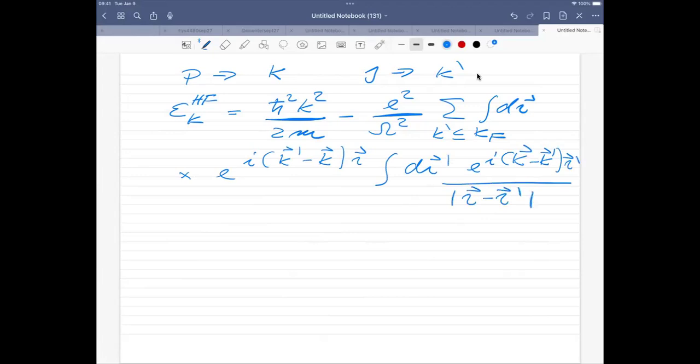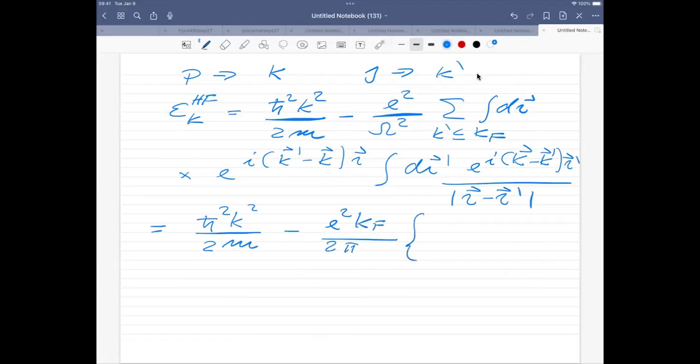Now, what we are going to get is the following expression. So we are going to have an energy which is given by h-bar squared times k squared divided by 2m, which is the kinetic energy, minus e multiplied with the Fermi momentum. So this quantity Kf is something which we will label as the Fermi momentum, divided by 2 pi.